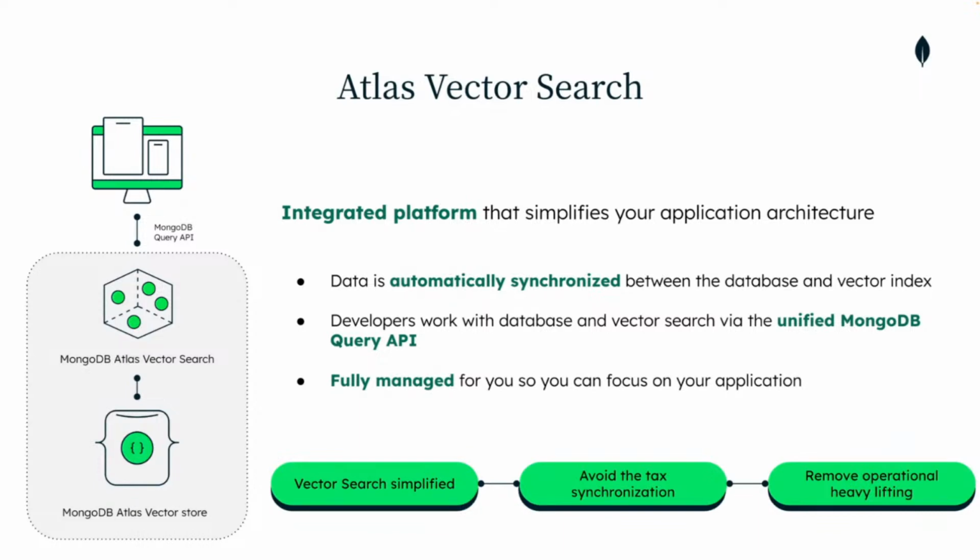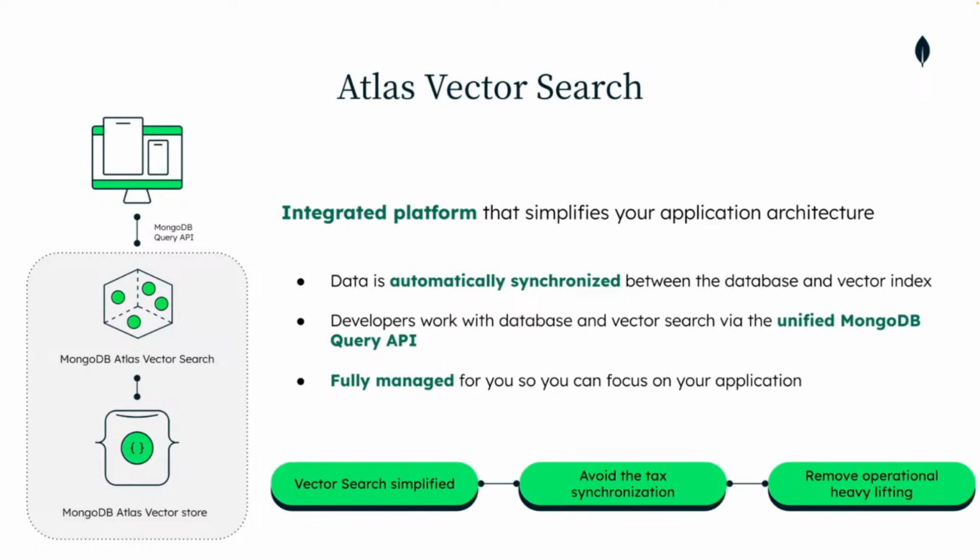You perform your searches using the same familiar language that you know. You can start querying that data right from the driver that you're connecting through to your MongoDB database. It's all unified, and that's the whole point of having a data platform. Everything's in the same place, and it has a unified experience.